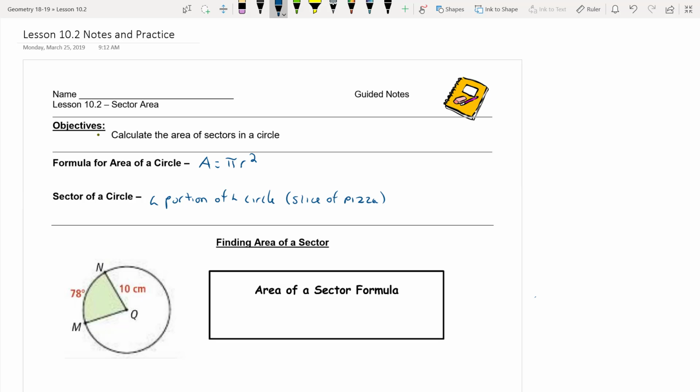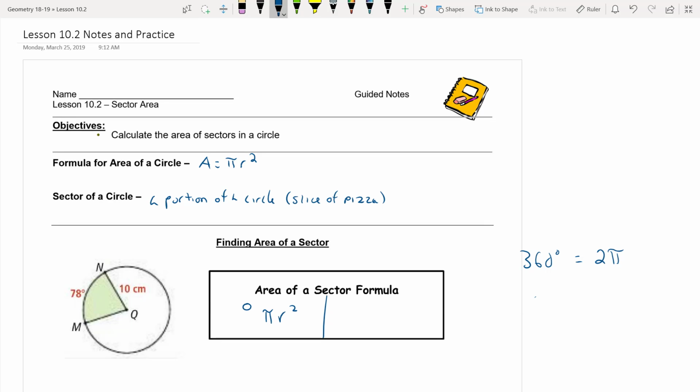So for the area of a sector, we really have two different formulas. They're the same thing. It just accounts for our degree measure versus our radian measure. Remember, we said that 360 degrees equals 2 pi radians. We talked about that last time. So if I'm dealing with degrees, it's basically taking the area of a circle, so pi r squared, and we're only going to account for the portion of the circle that we have.